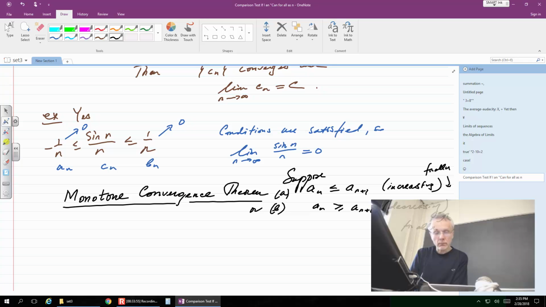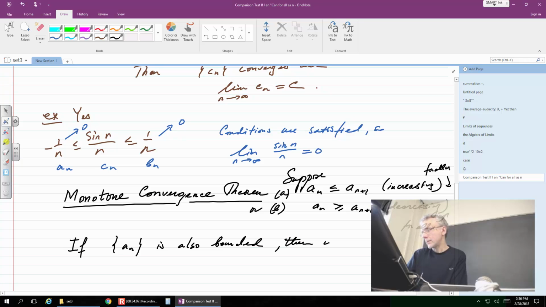Then what? If a_n is also bounded, then it is convergent.